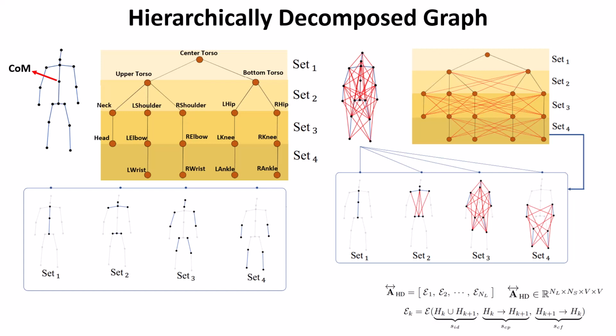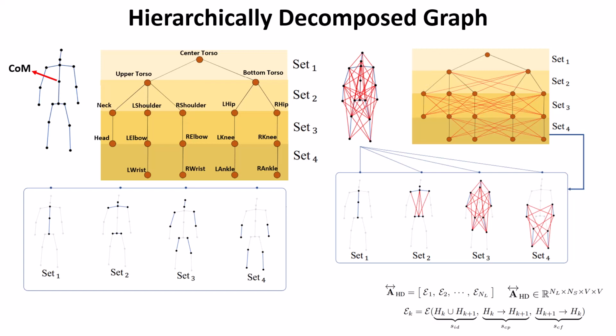So, for example, this bottom torso is also connected to left shoulder and right shoulder and neck, which originally we don't have any of these connections, but now we have. And that's a new sort of connection that they defined in this paper.